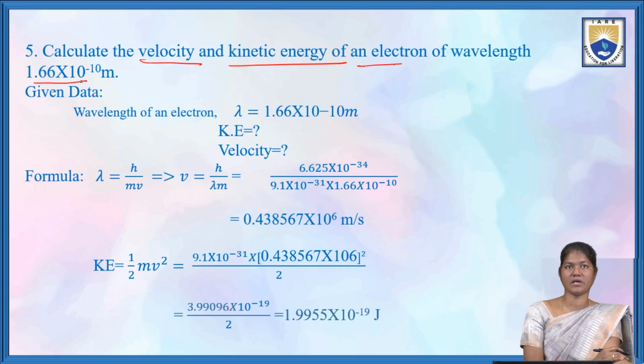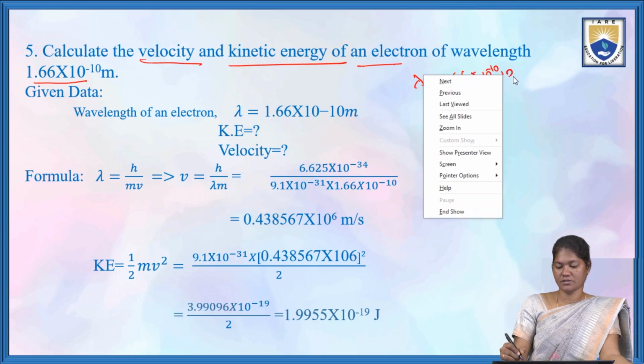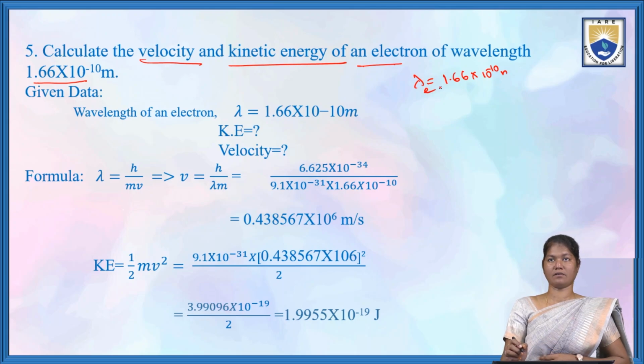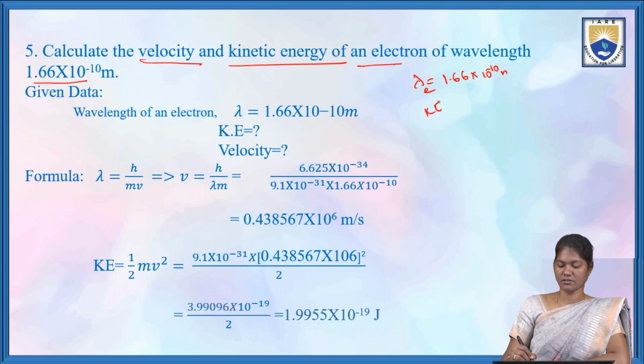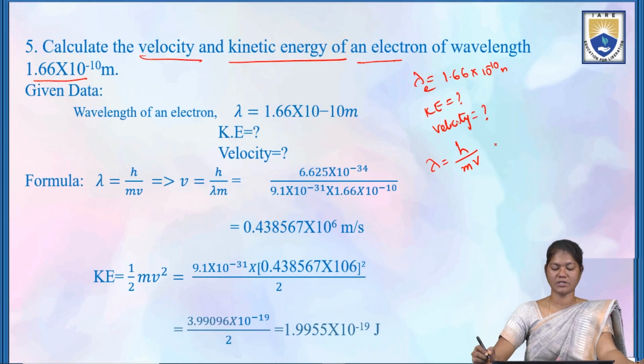Lambda is given as 1.66 × 10^-10 meters. The formula is lambda equals h by mv.